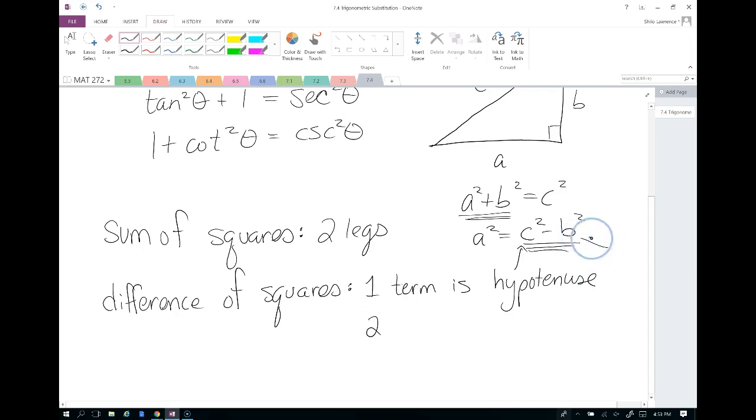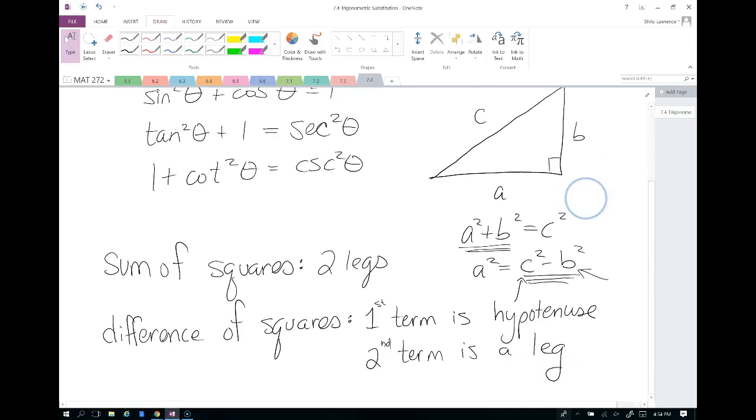And the second term is always going to be a leg. And which leg you assign it to is completely up to you. The a and the b there are interchangeable.